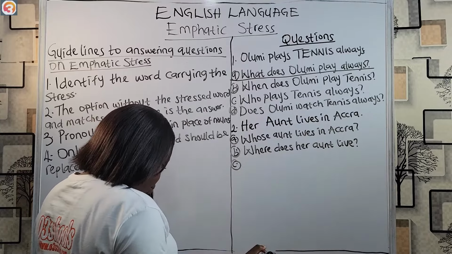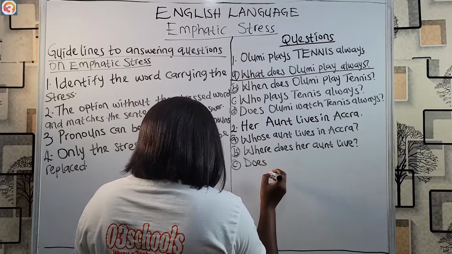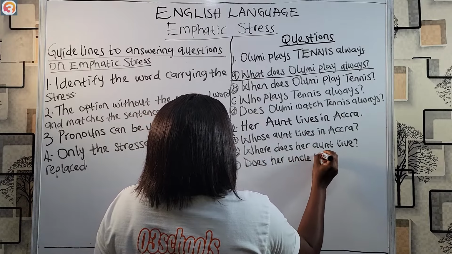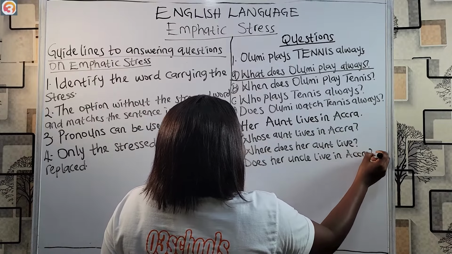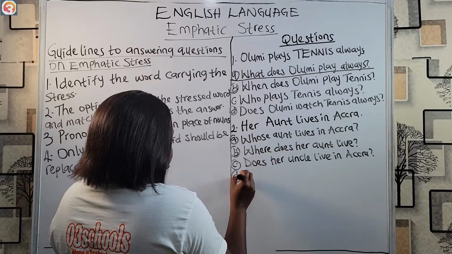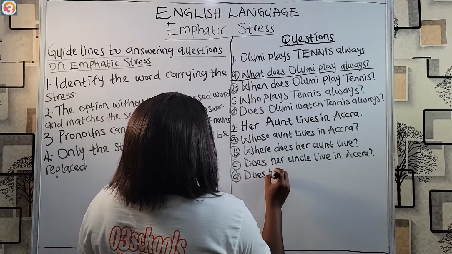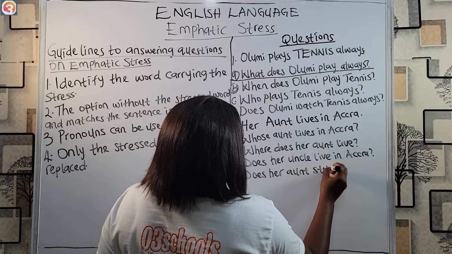C. Does her uncle live in Accra? D. Does her aunt study in Accra?